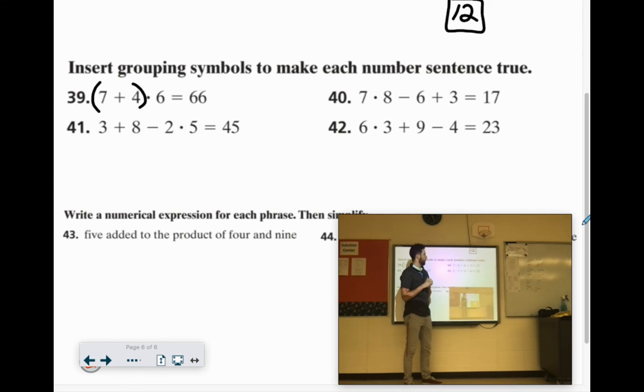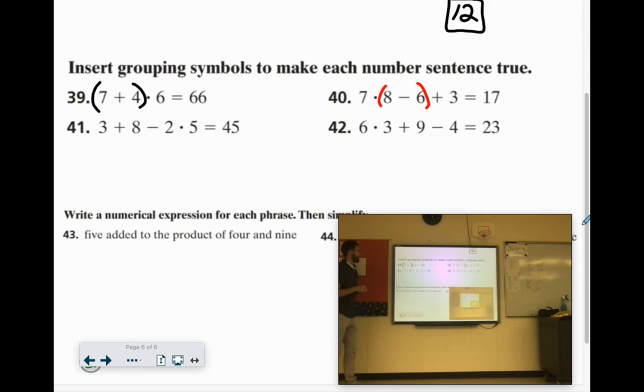Well, if we kind of work backwards, plus 3 here, what plus 3 would give us 17? 14. So can we make the left side of this equal 14? Yeah, 7 times 2 is 14. So if we put parentheses there, that would be 7 times 2 is 14, plus 3 gives us 17.